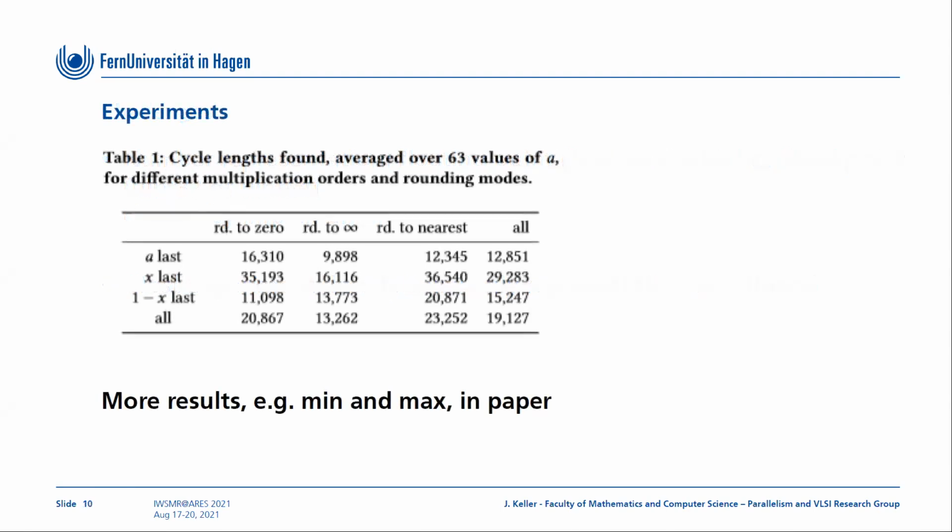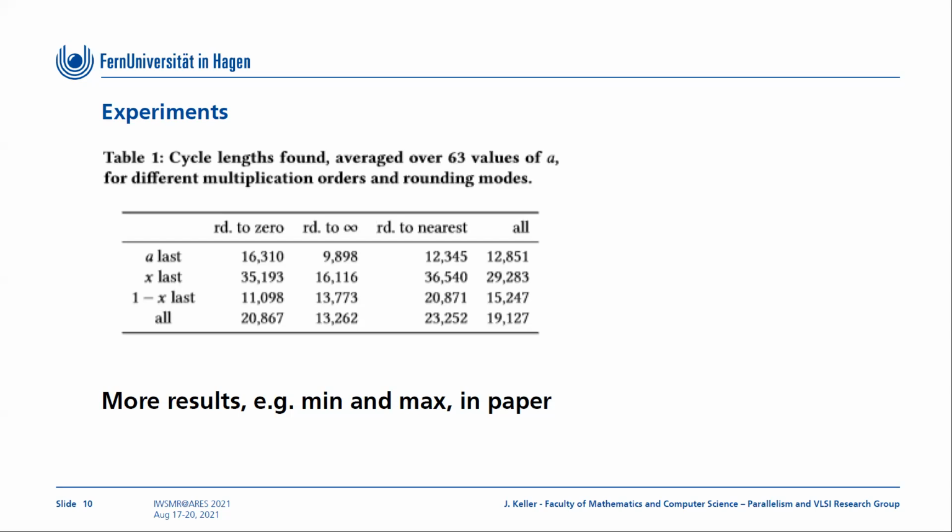We have done some experiments. The first experiment was to check if really all 3 rounding modes are supported and if they lead to different results. Yes, they do. The second was we checked with 63 different values of A, all very close to 4 and all very close to each other.